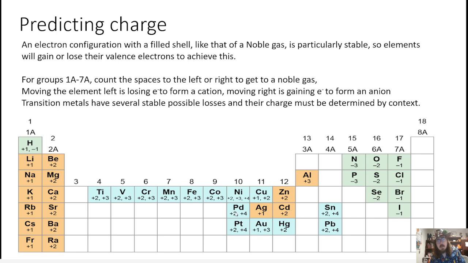There's only 3 elements that have only one possible charge in the transition metals. That is zinc and cadmium and silver. Zinc, cadmium, and silver are so often +1 or +2 that we will always assume they are their expected charges.